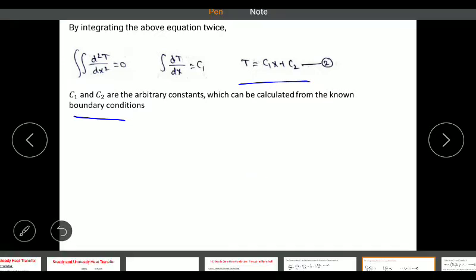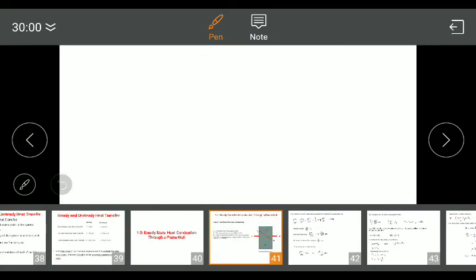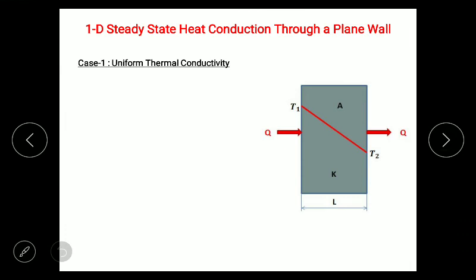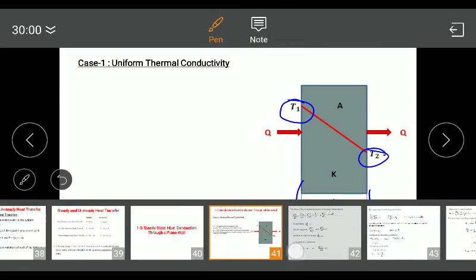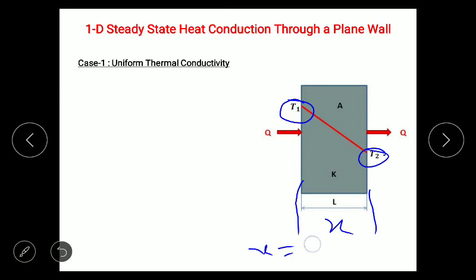Now from the diagram we have the boundary conditions as at one surface it is T1 temperature, at another surface temperature is T2. Means at this surface the temperature is T1, at this surface the temperature is T2. Here if the total length is L, which is equivalent to x in the previous videos, at x equal to 0 we have temperature T1.